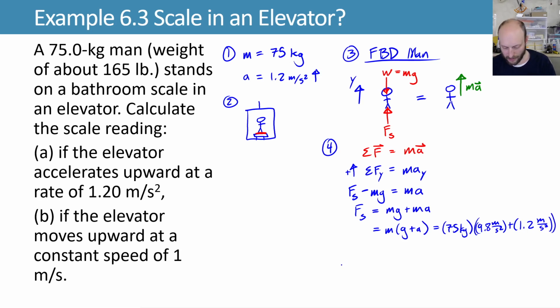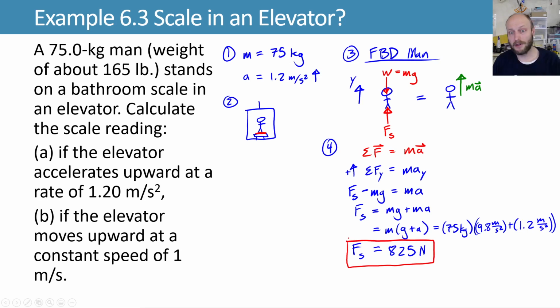And when you evaluate that, it looks like we end up with a value of 825 newtons. So the force that's being exerted on the scale is 825 newtons. If the scale reads in newtons, then this is what it will read, 825 newtons. Now it's more common that your scales are going to give you a mass in grams or kilograms.